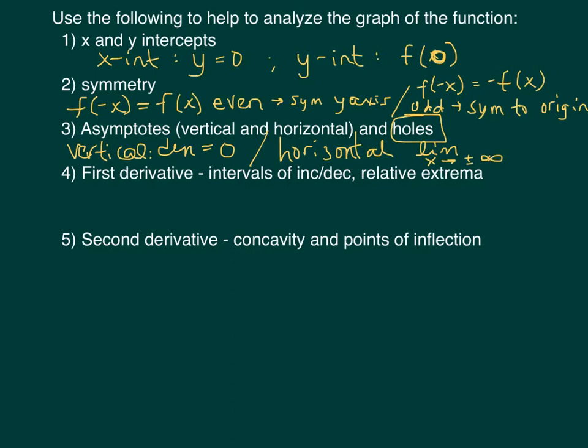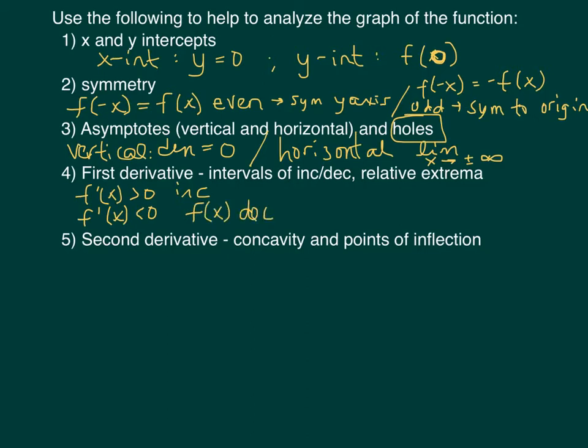All right. Okay, next we take our first derivative. We've learned over the last several classes that our first derivative tells us about intervals of increase and decrease. If the first derivative is greater than 0, then f is increasing. If the first derivative is less than 0, then f of x is decreasing.